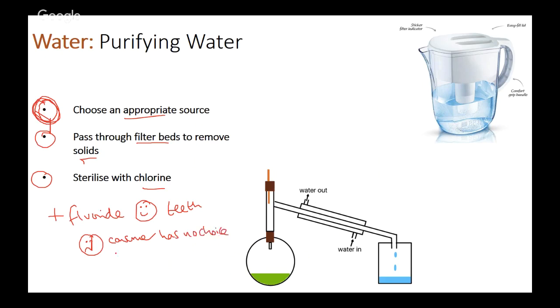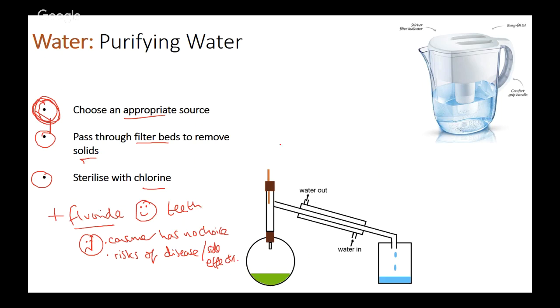There may be side effects or risks of disease that the consumer doesn't have a choice about, because it's automatically put into the water. They can't choose whether they add fluoride or not. When it comes to children, where really bad teeth are common, it is a good idea because everyone then gets treated with fluoride, so it's helping, especially the dental health of children.